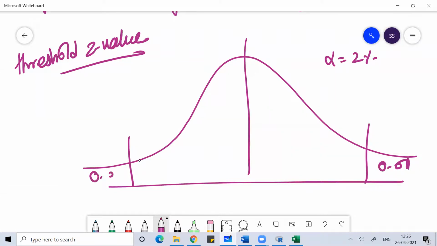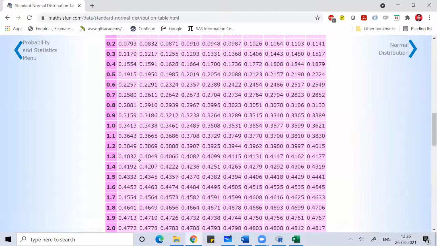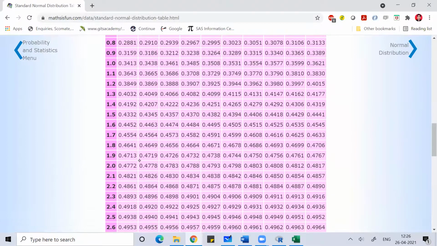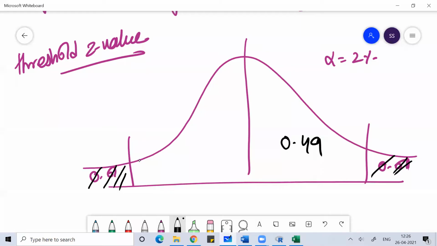This leaves 0.49, so you check where 0.49 comes in the table, and that is 2.33. So the threshold z value is 2.33.